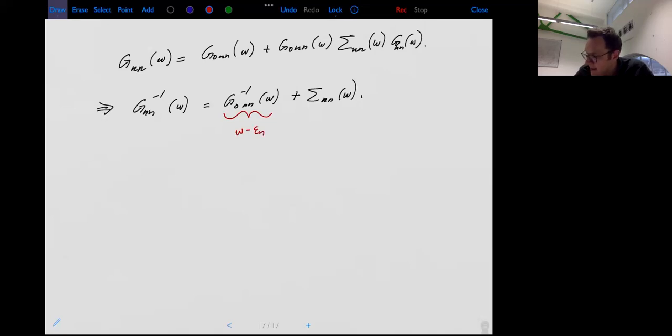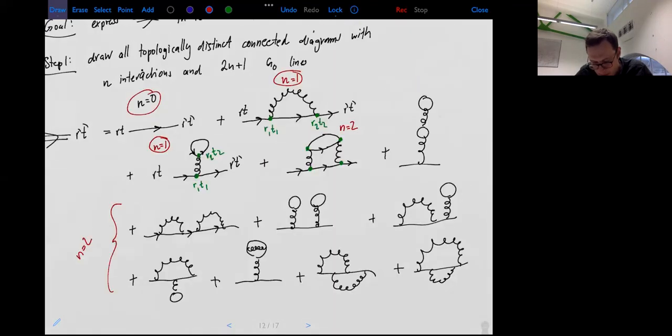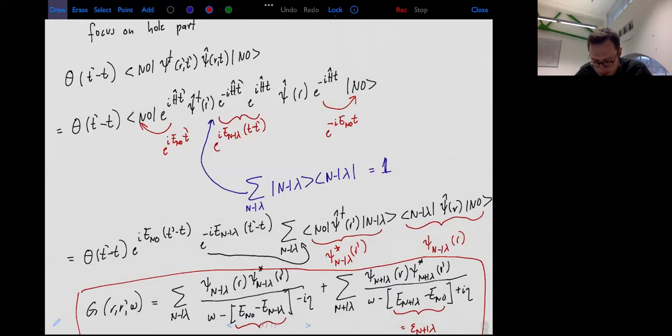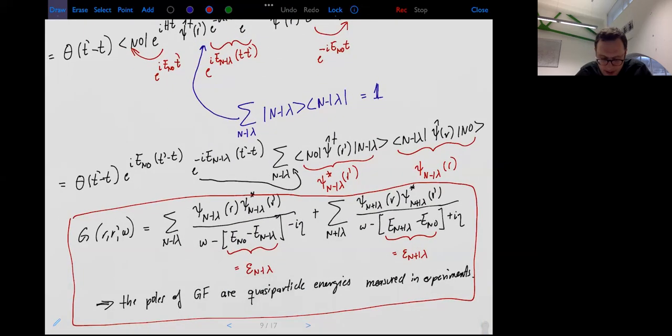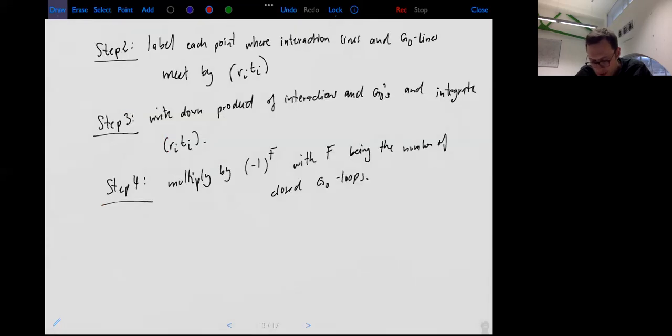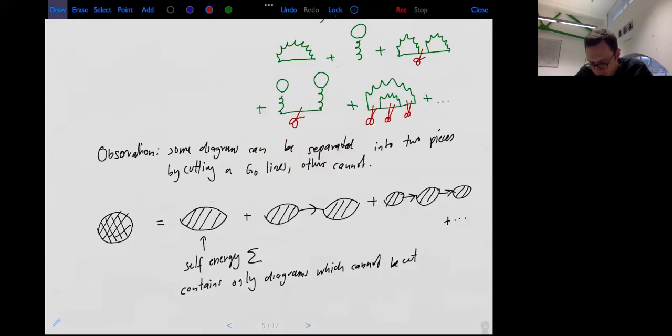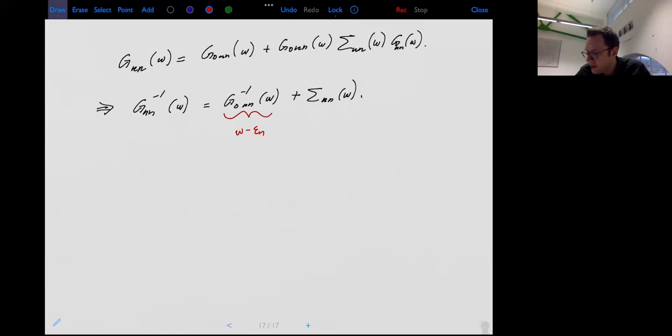And the other thing is that what we want to calculate at the end of the day are these quasi-particle energies, right? And we have established in the last lecture that the quasi-particle energies are the poles of the interacting Green's function, or in other words, they are the zeros of the inverse of the interacting Green's function, right?